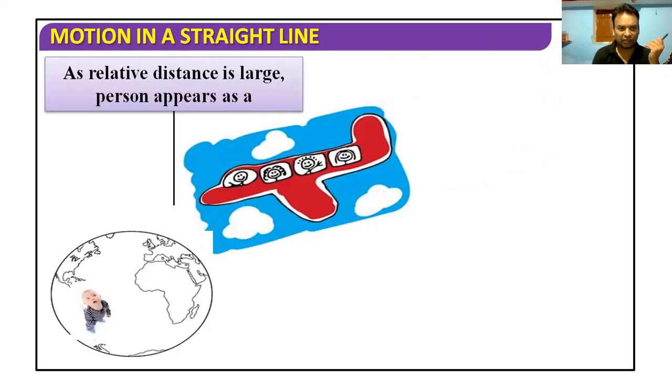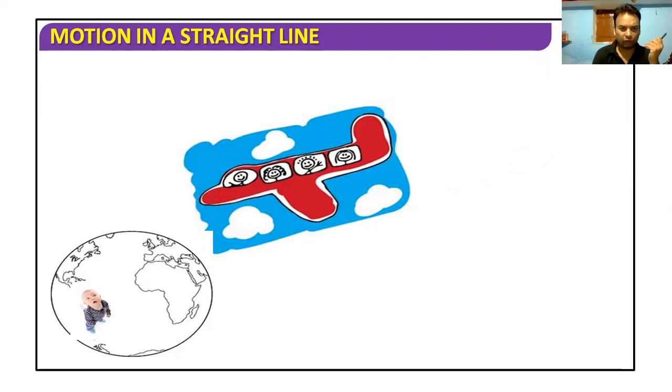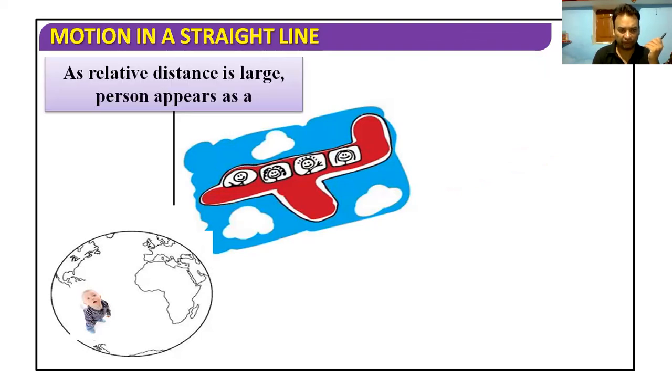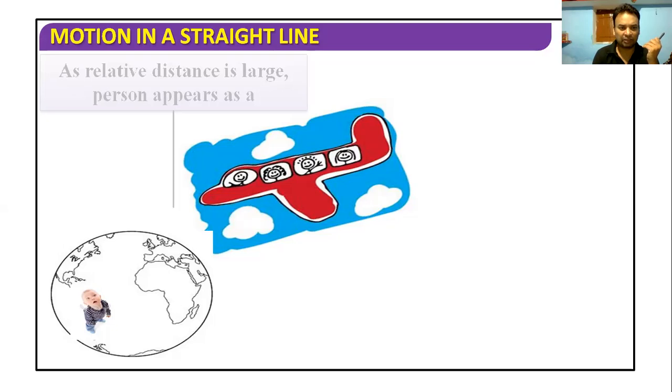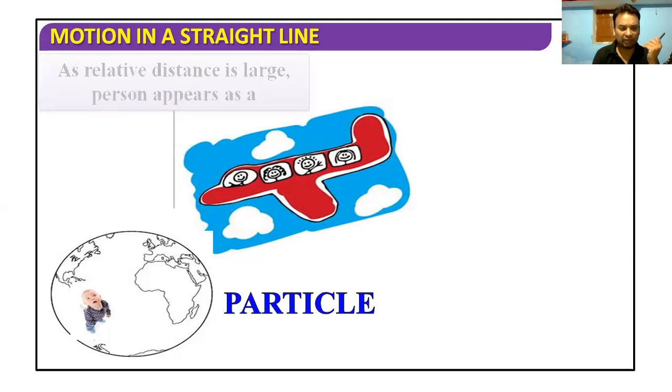So the child appears to be a point from the people sitting in the plane, because the relative distance of the plane from the child is large. So as the relative distance is large, a person appears like a particle, like a point.